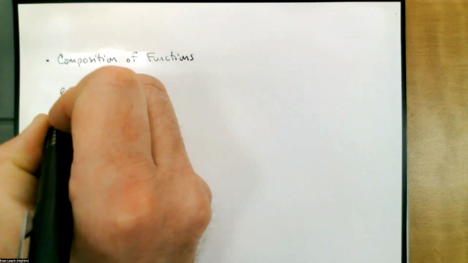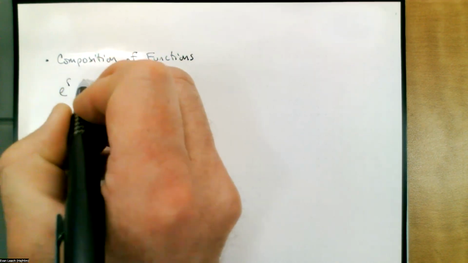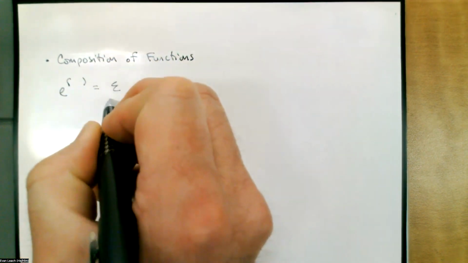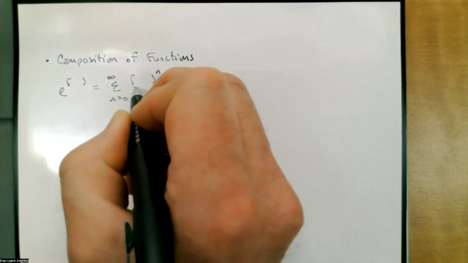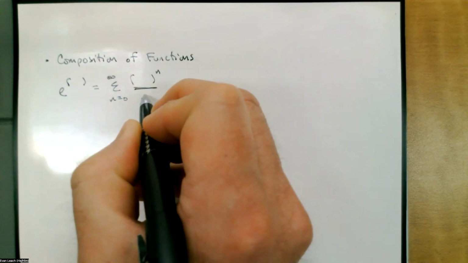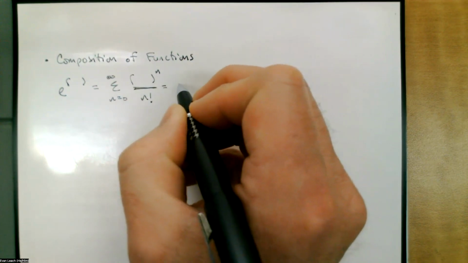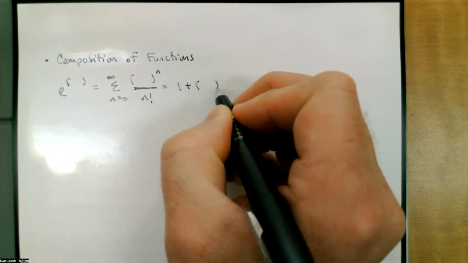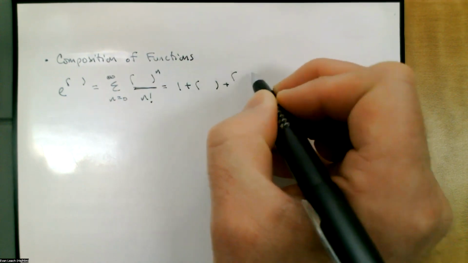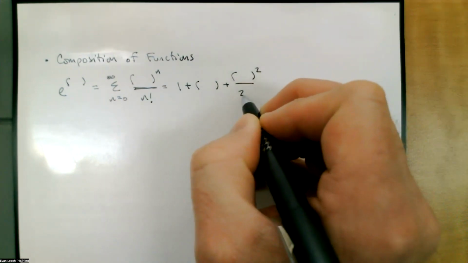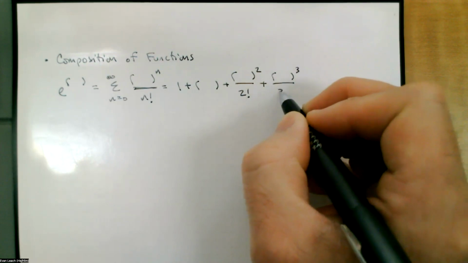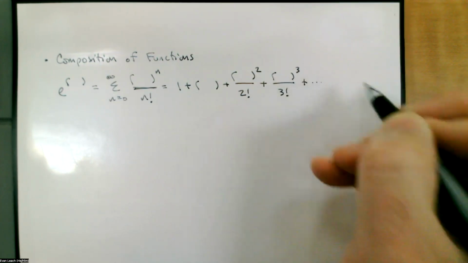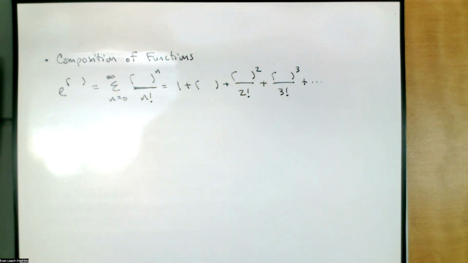We know that the Taylor series for e to the something is the sum as n goes from 0 to infinity of that thing to the n over n factorial. So e to the x is the sum of x to the n over n factorial.